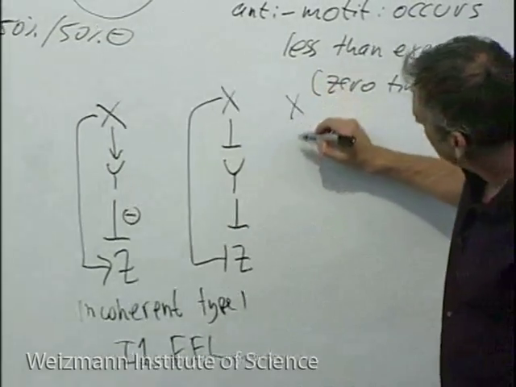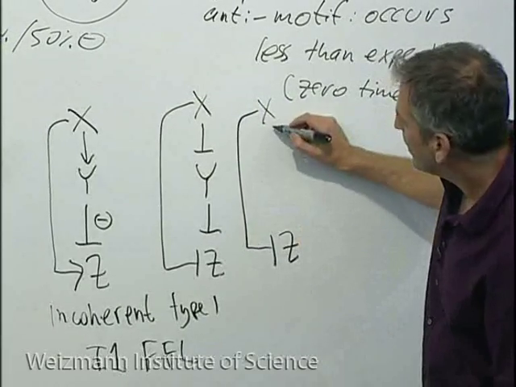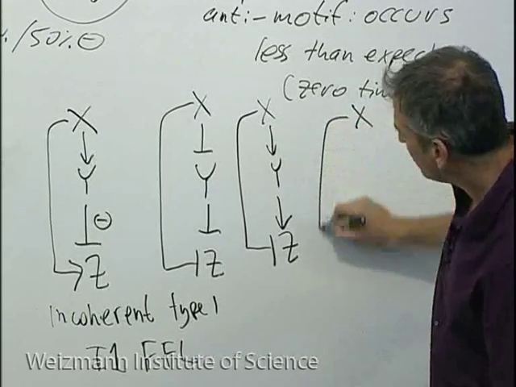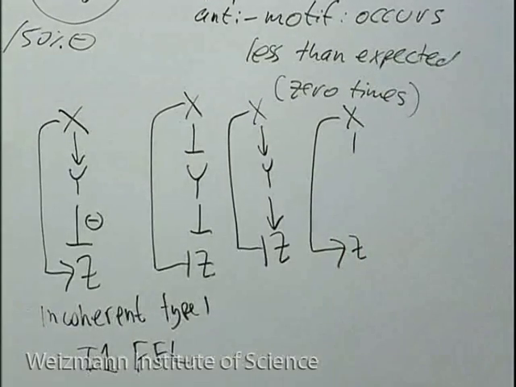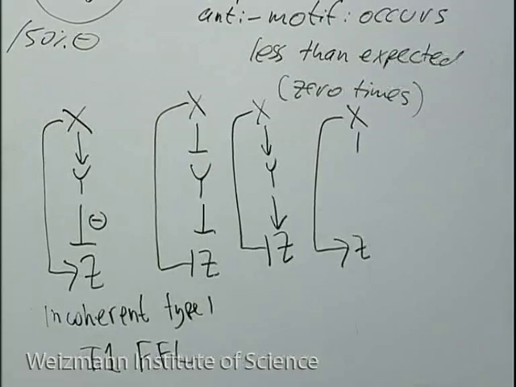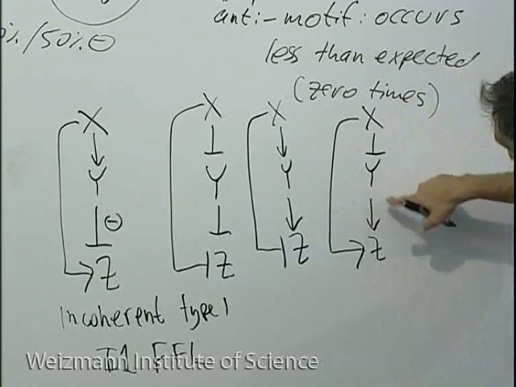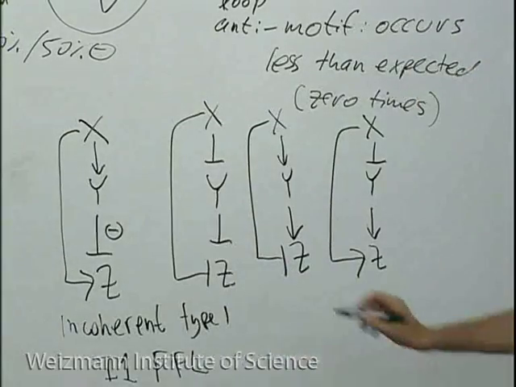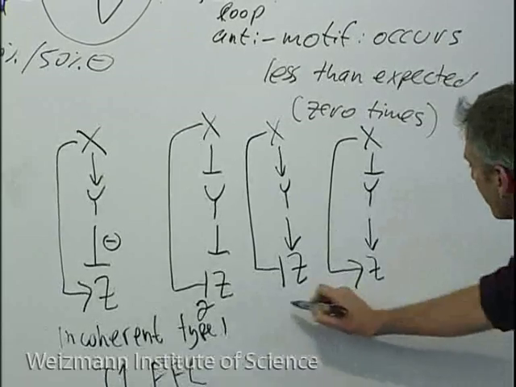And X can, this is fun, repress Z and activate an activator of Z. Or X can activate Z and repress an activator of Z. So here it's doing something bad to something good. We call this one type 2, I'm sure, and type 3, type 4.